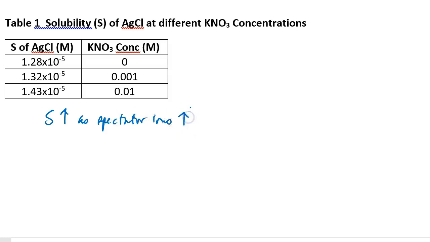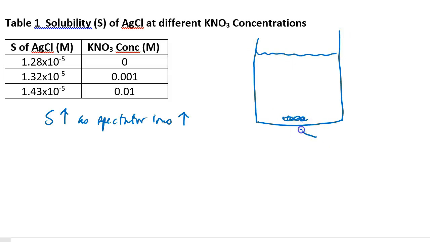ions increase. Now, just to be very clear, when I imagine this experiment, I imagine a beaker of water and some silver chloride here, and I imagine increasing concentrations of potassium and nitrate, right?